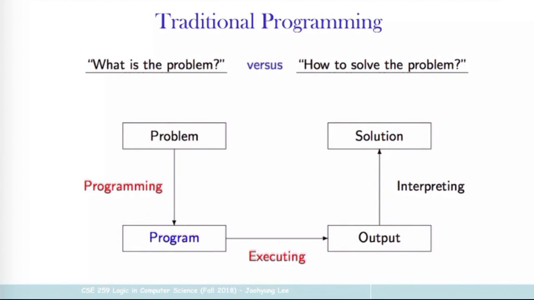Now, in terms of the typical programming or procedural programming that we do, how do we make the computers understand the problem? You have to do programming. Okay, so programming is a conversion from problem to some program. And then you execute the program, and that will generate some output. And you interpret the output, that becomes the solution to the problem.